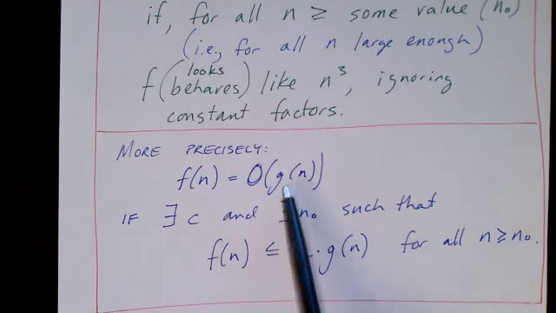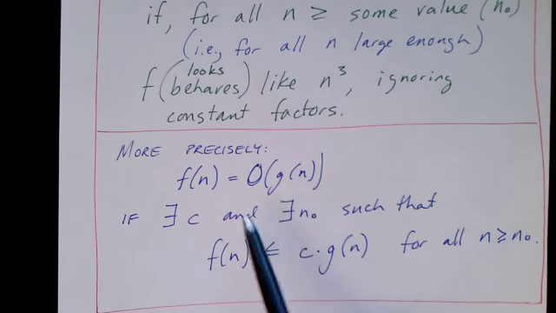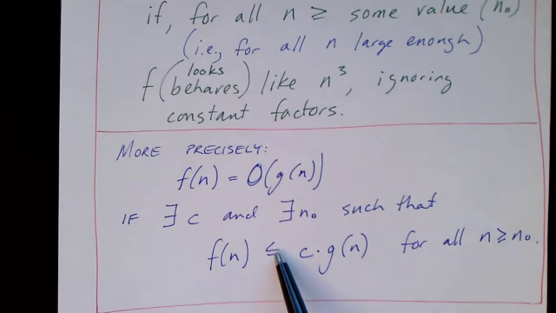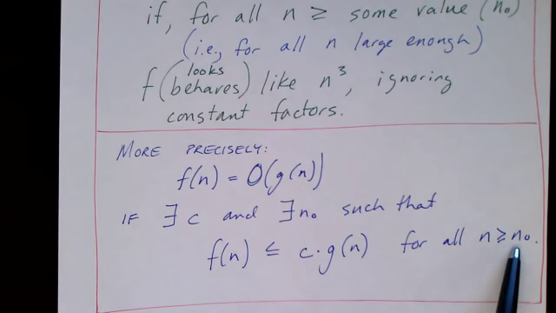F is order g of n if g of n multiplied by some constant term grows at least as fast as f for n that are larger than some value n0.